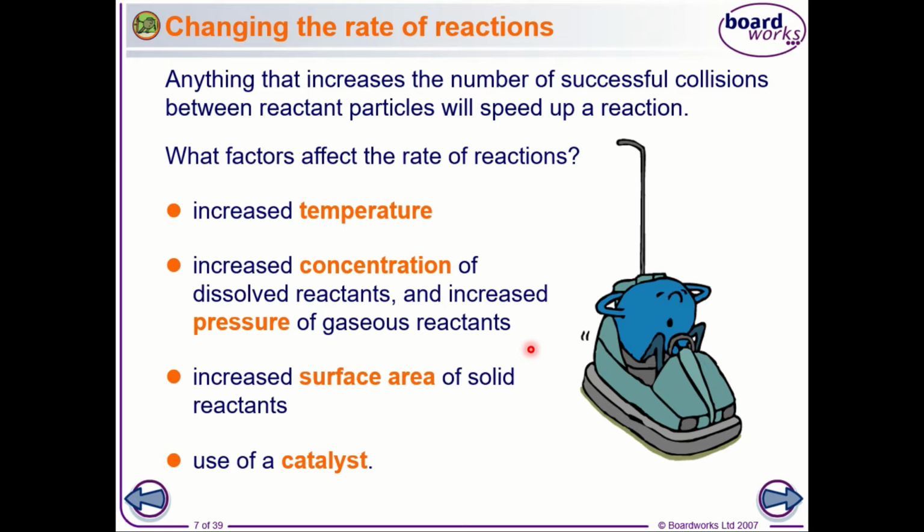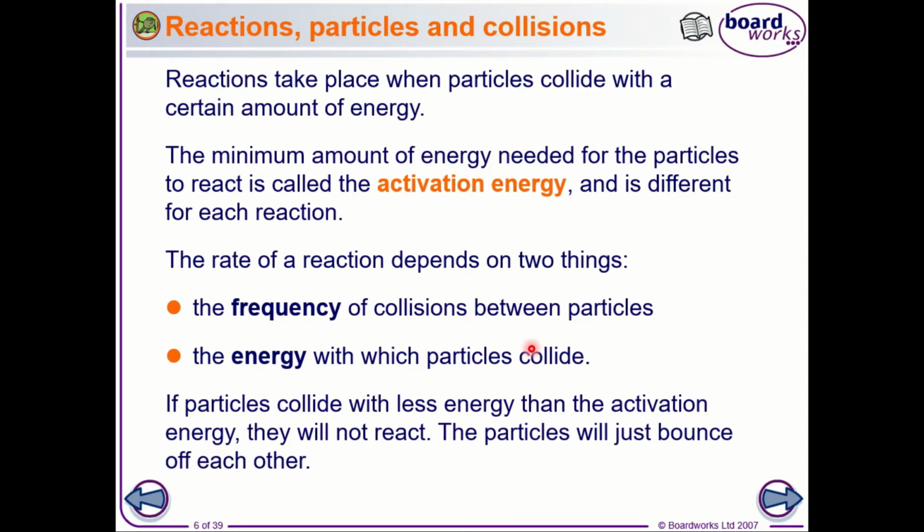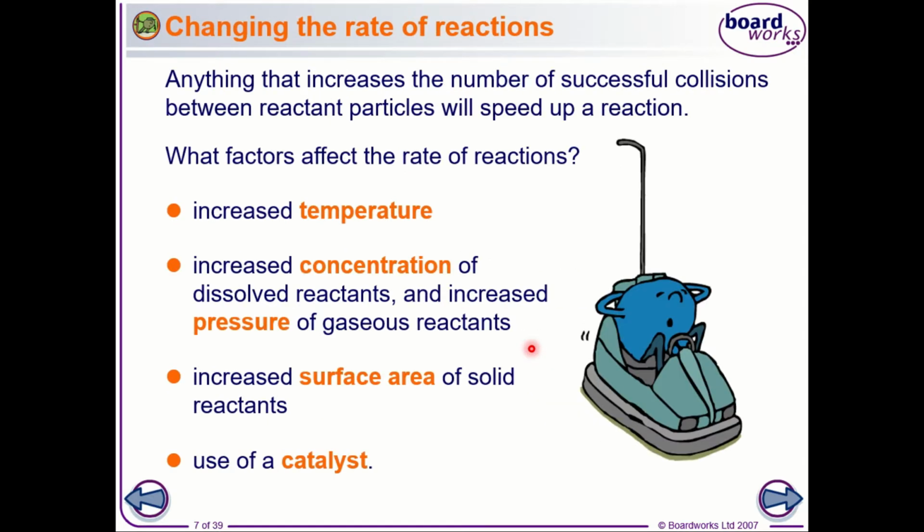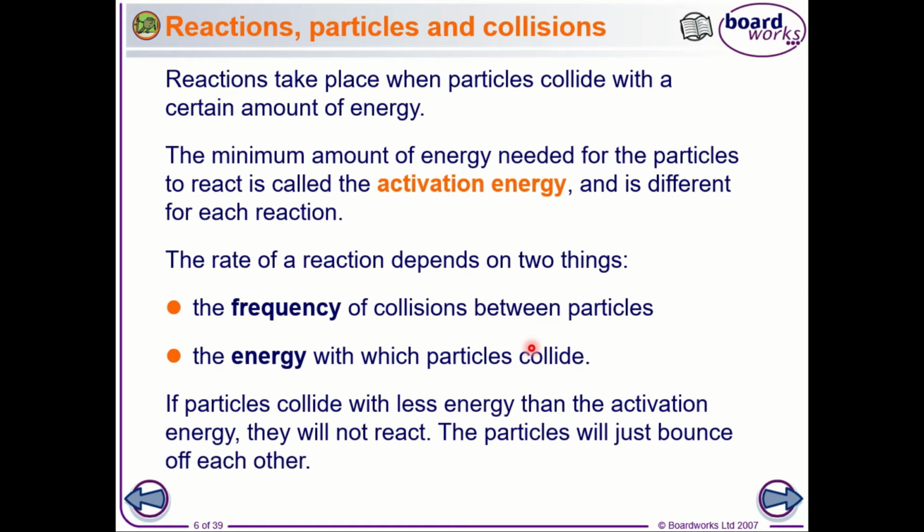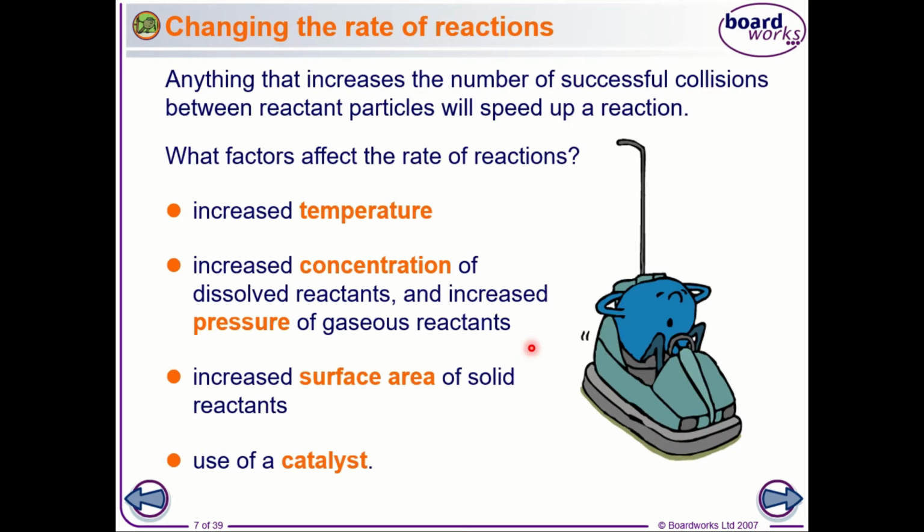So those are the 4 factors that are under frequency. The fifth one naman, na kung saan yun ay yung catalyst, it is under the energy with which particles collide. So, an overview, these are the different factors that affect the rate of reactions. We are going to discuss them one by one.